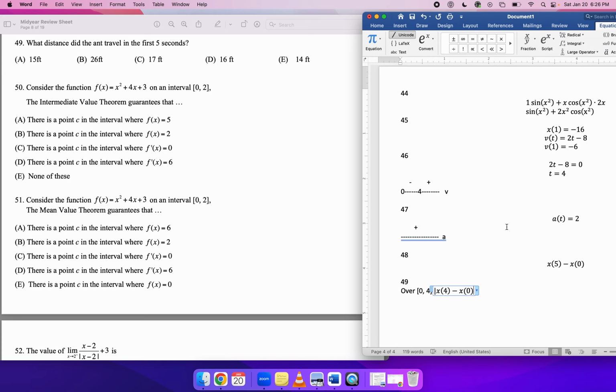Just watch out. The mistake that people always make with this problem is they know they're supposed to compute the displacement over this interval, but what they do is plug these numbers into the velocity function. No. You're supposed to be plugging them into the position function, right? Displacement is x of 4, position at 4, minus position at 0.